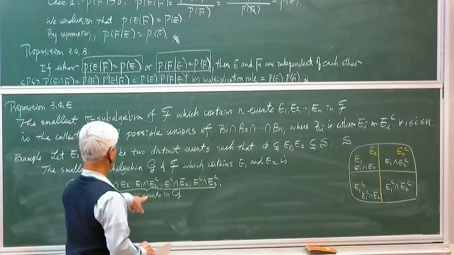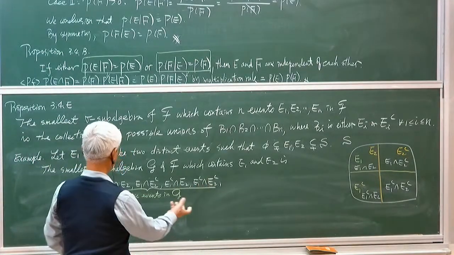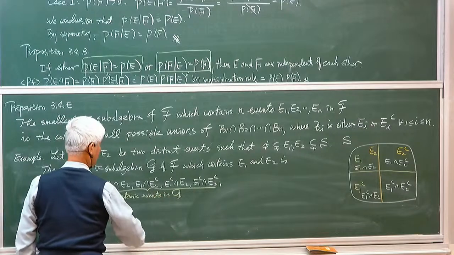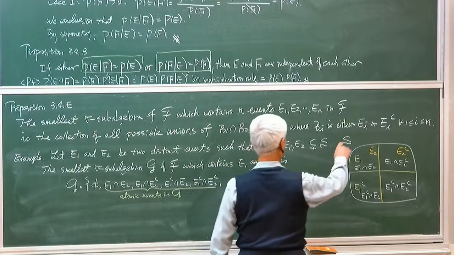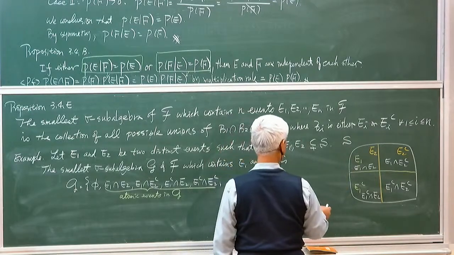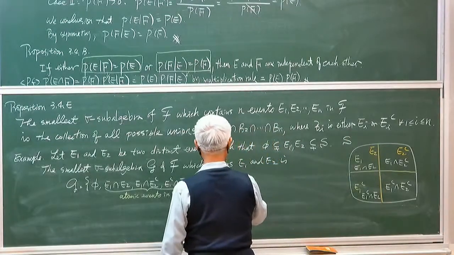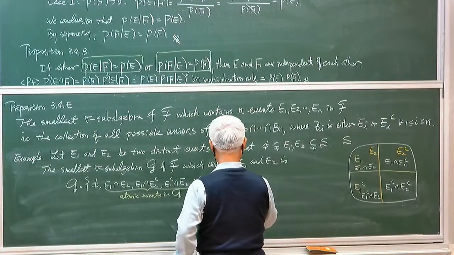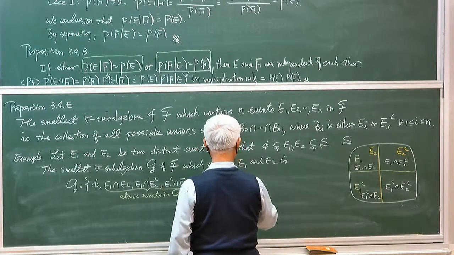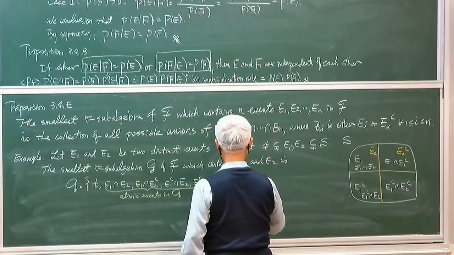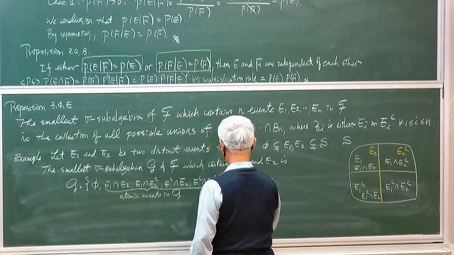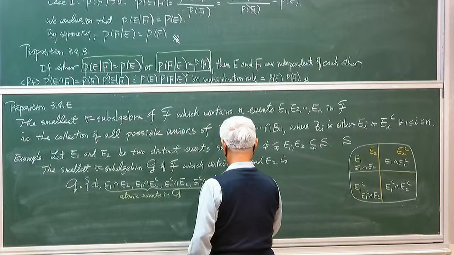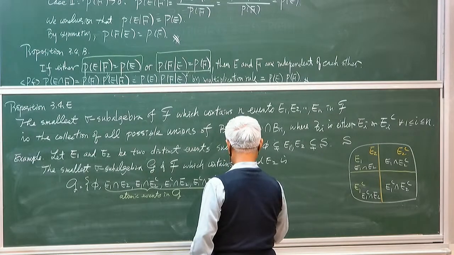So if we want to find the minimum one, the atomic one, then these 4 will be atomic events in G, and the other events will be unions of them.